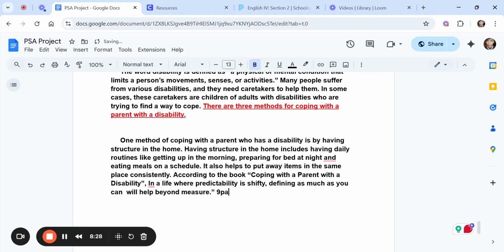I'm also going to cite the book by adding the page number where I found this quote. Now I have one last sentence on my outline for this particular topic.